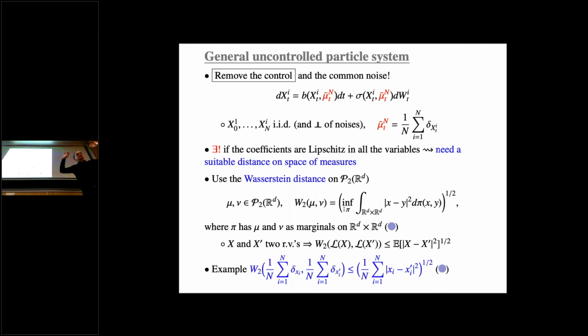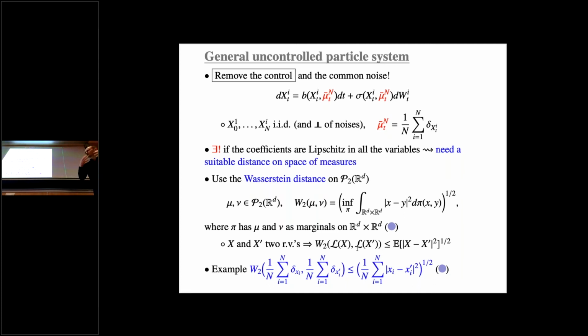Why is this very well adapted for probabilistic arguments? Now if you take the Wasserstein distance between the law of x and the law of x prime, two random variables, you are given the random variables, and you have to remember that our models are given. So most of the time we already have random variables, and then we have a look at the distribution of those random variables.